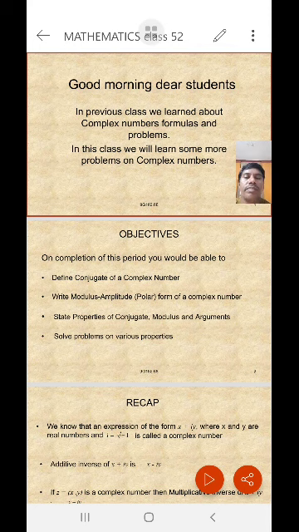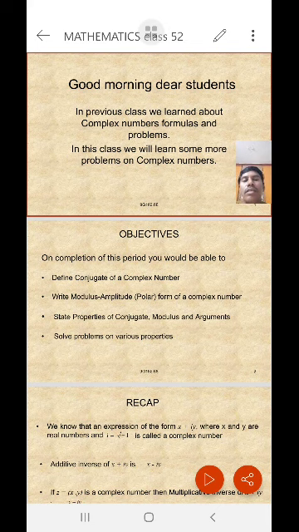And modulus amplitude or polar form is very important. This x plus iy we can express as r of cos theta plus i sin theta. So this form is called polar form or modulus amplitude form.